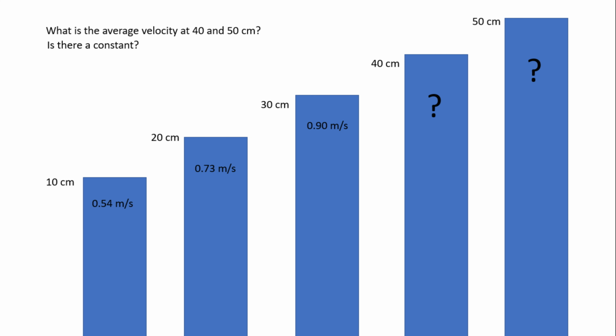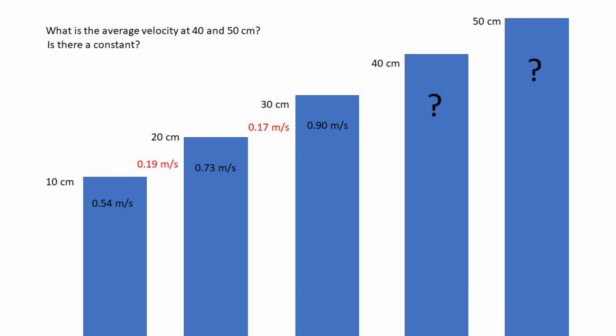Proceeding sa question na what is the average velocity at 40 and 50 centimeters without doing the experiment or recording the processes itself. So to answer that, we need to get the constant. So how we will do that? As you can see sa table data natin, from 10 centimeters to 20 centimeters, nag-increase ng 0.19 meters per second.